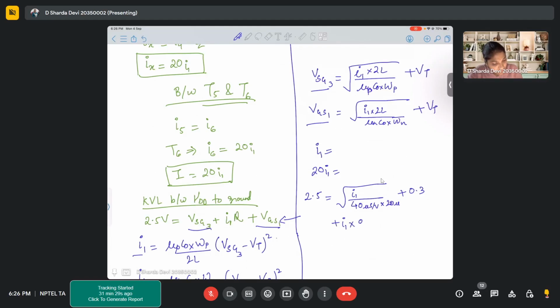Ma'am, it would be 2 times of I1, 2L, mu n Cox Wn, plus 2VT. Where WP and WN, there is a relation given in the question. I substitute these parameters.